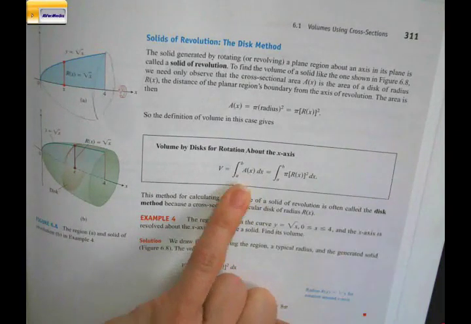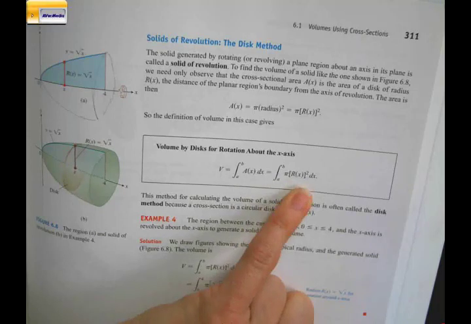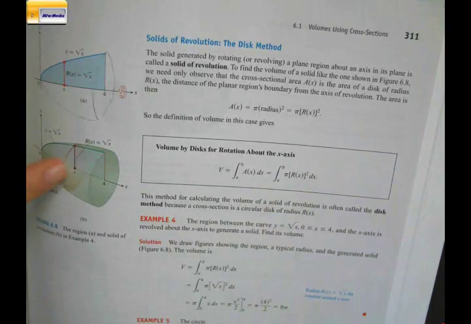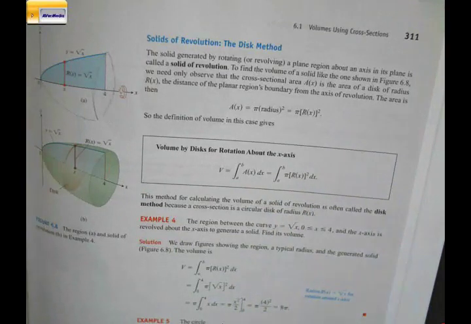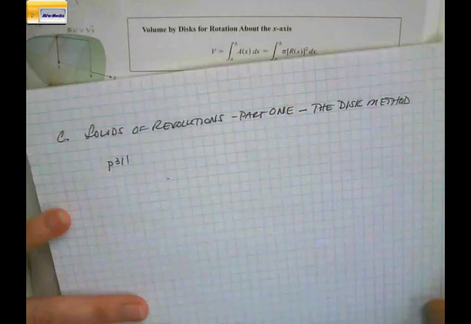So when you start integrating your area times your width to create volume, you're really integrating pi r squared, which is the area of each circle, times your width. So this is called the disk method because this little orangish, pinkish region here is a disk. So that's why they call this the disk method. So now what we're doing is we're finding volumes of disks.